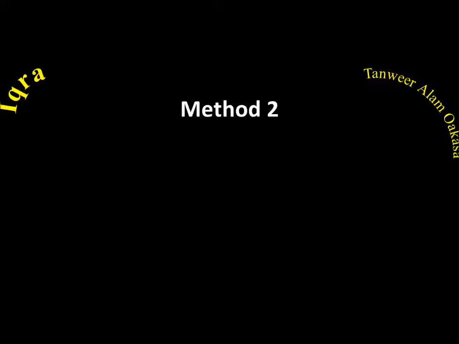Now we have another method, and you always have a 6 marks question in the CBSE exam using this method too, that is, elementary transformations. And what are elementary transformations? We will see in detail.